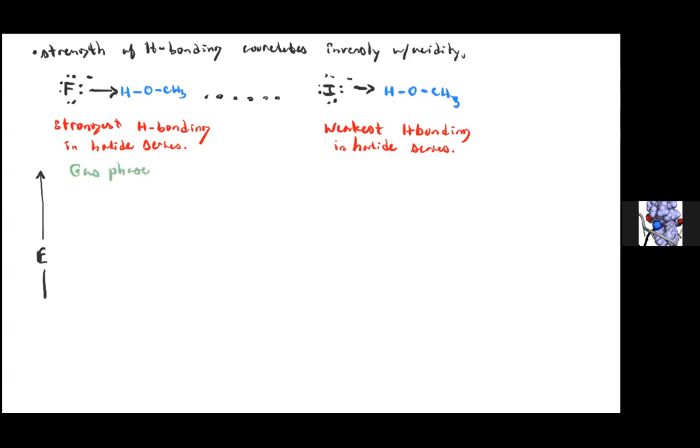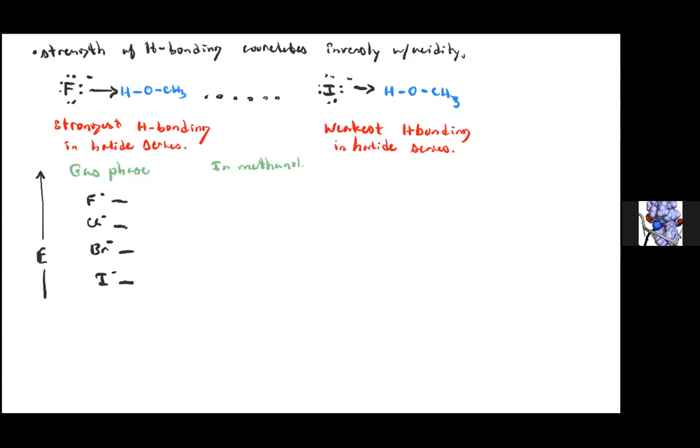And then on the right, we'll say in methanol. Okay. And so we know that HF is the least acidic, so fluoride is going to be the most reactive, followed by chloride, bromide, and iodide.